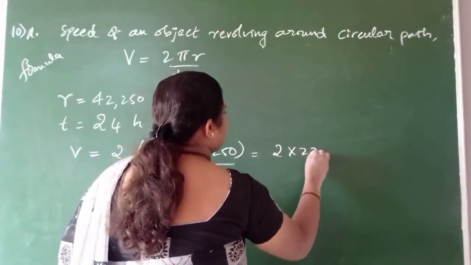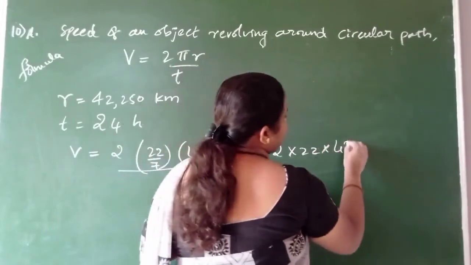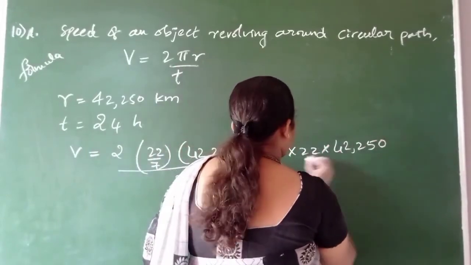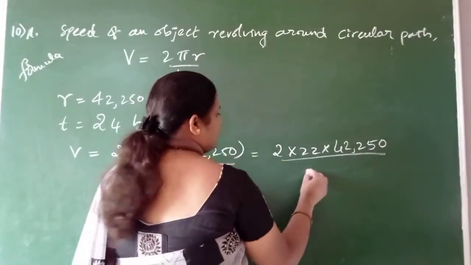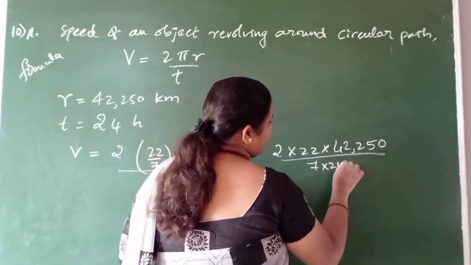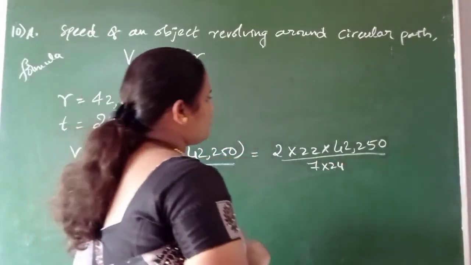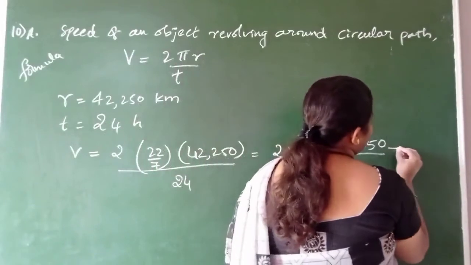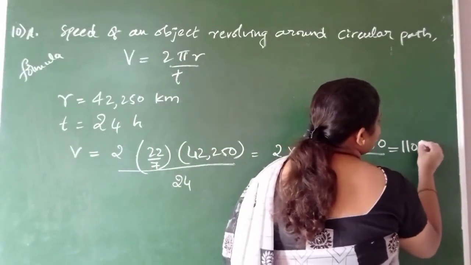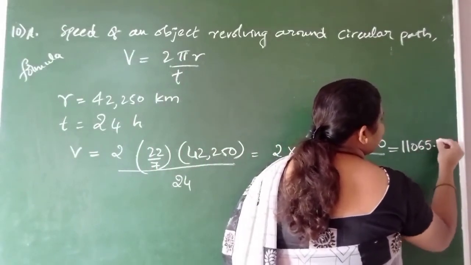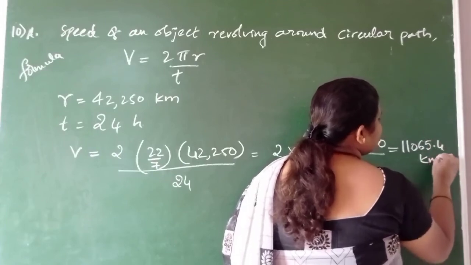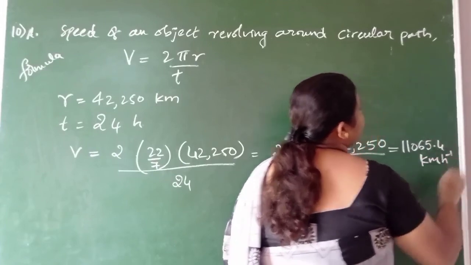Which is equals to 2 into 22 into 42,250 divided by 7 into 24. When you do cancellation of all these, you will get nearly 11,065.4 kilometer per hour you will get, children.